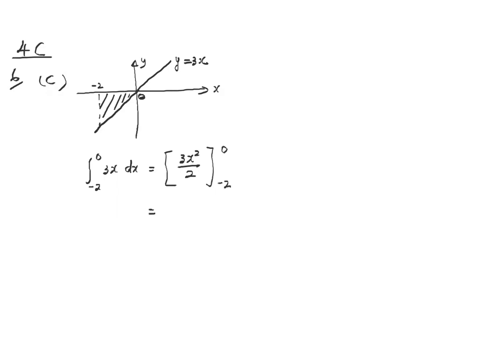So this will be 3 times 0 squared divided by 2, take away 3 times -2 squared divided by 2. After you integrate and write down the substitution, if you don't want to do the manual calculation, unless they say exact value, you can get this answer by using FNINT. Do you know that?